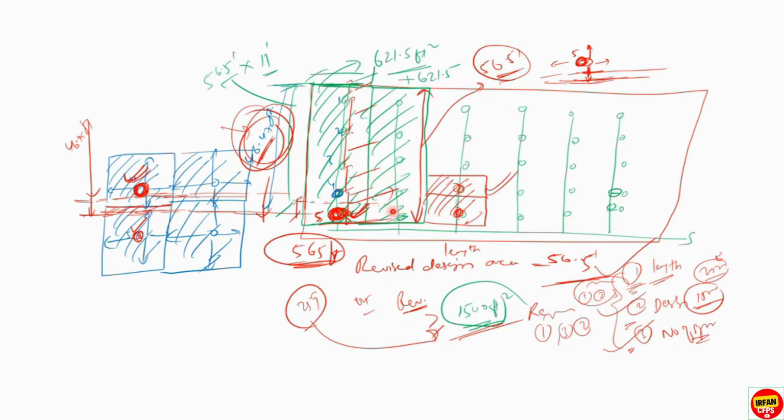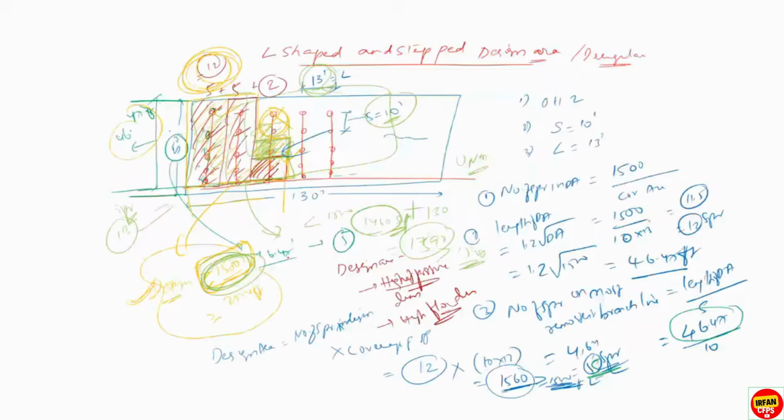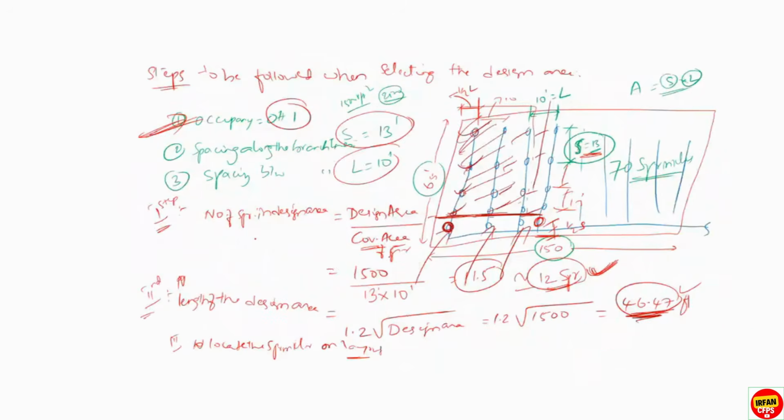There are other concepts also to be explained, but the time is already 9 now. So next session we are going to discuss design area adjustments. What I explained is applicable to standard sprinklers.